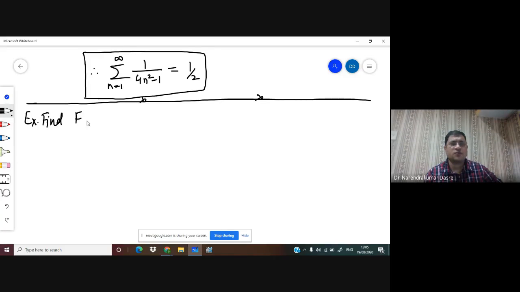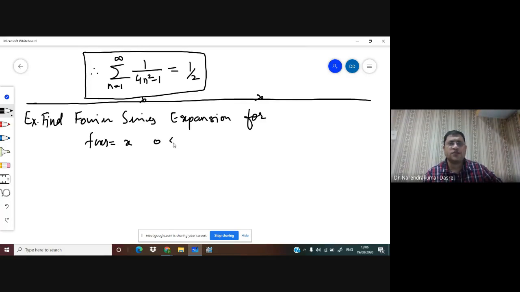Find the Fourier series expansion for f of x is equal to x, 0 less than or equal to x less than or equal to pi, and this is 2 pi minus x, pi less than or equal to x less than or equal to 2 pi.